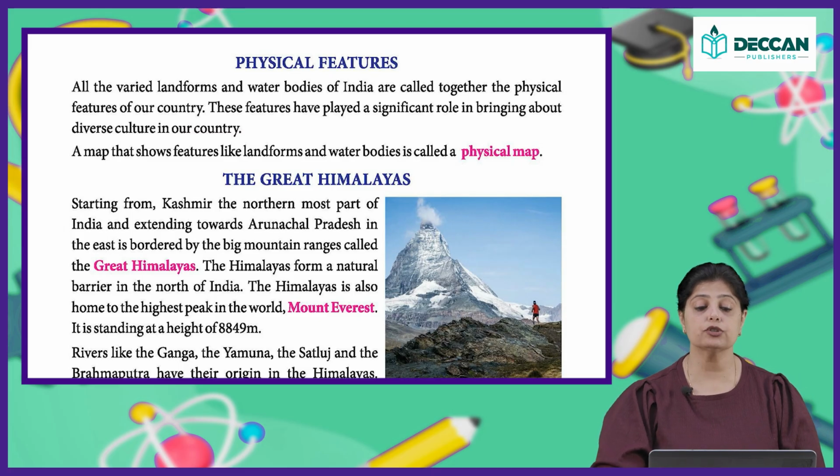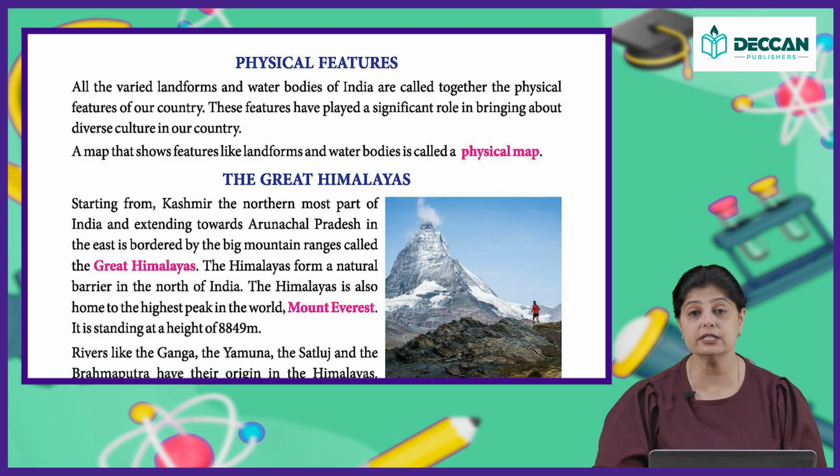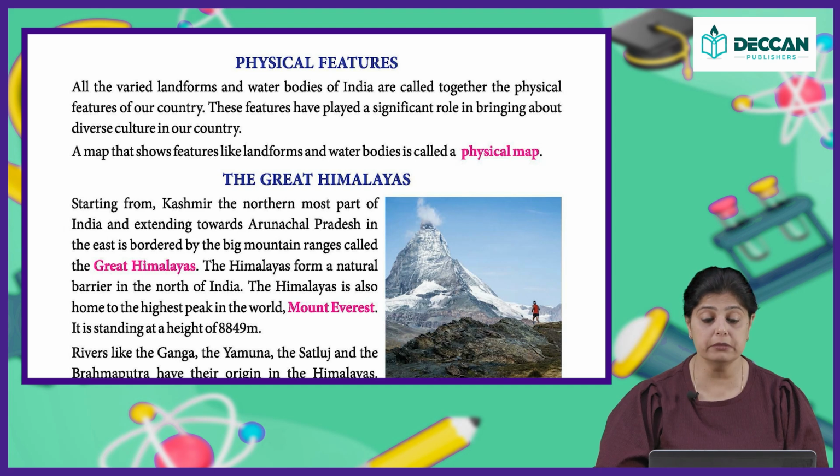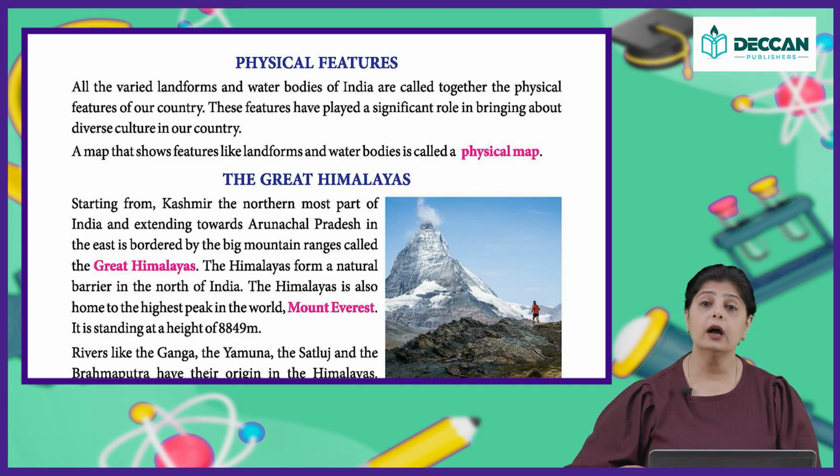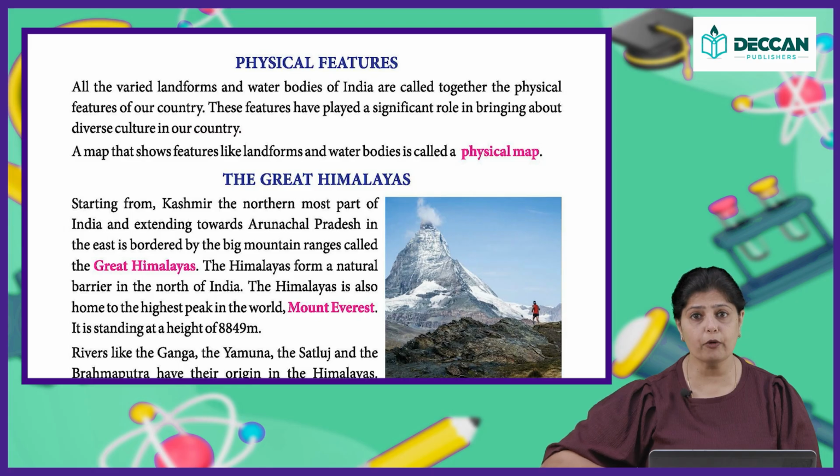The Himalayas is also home to the highest peak in the world, Mount Everest. It is standing at a height of 8,849 meters. Now this height of 8,849 meters is from the sea level. It is counted from the sea level. Sea level becomes 0.0.